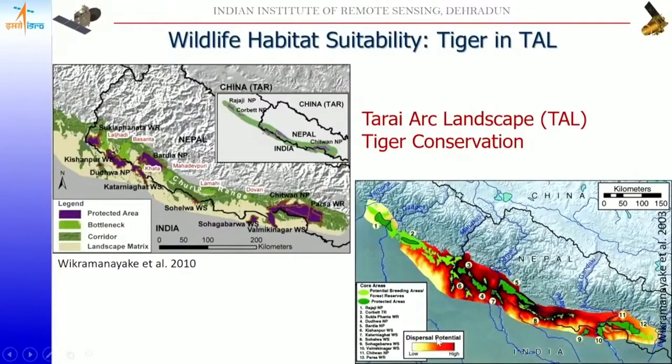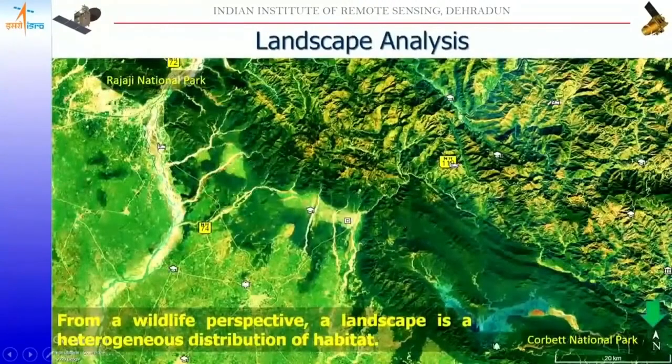What will be the suitable or the dispersal potential of this area? As I earlier mentioned, the Rajaji Corbett landscape, this part shows very little dispersal potential for the dispersion of the tiger. Because here you can see, between Rajaji National Park and Corbett, the large area is under human intervention or various developmental activities.